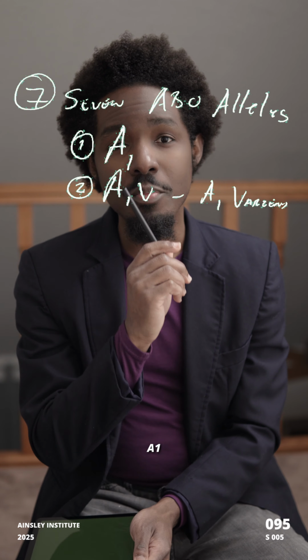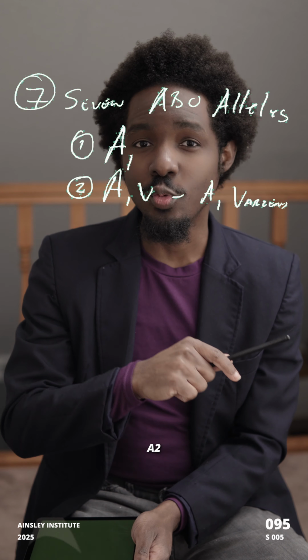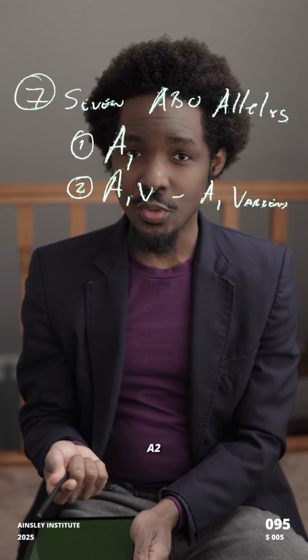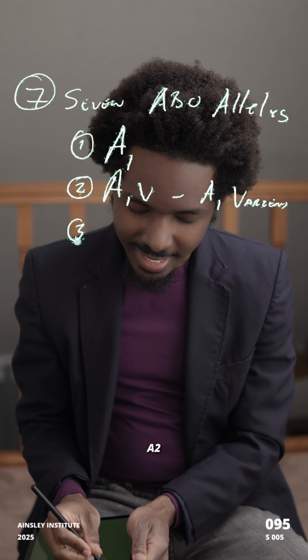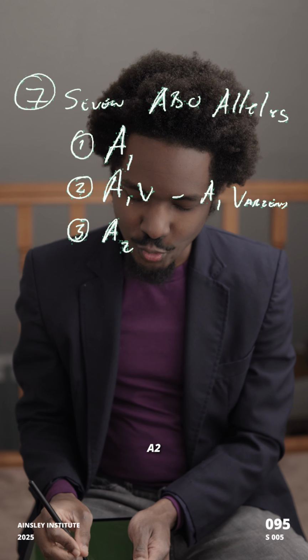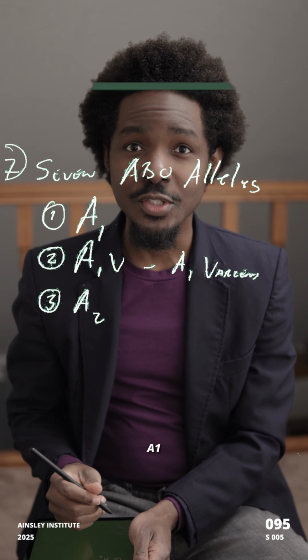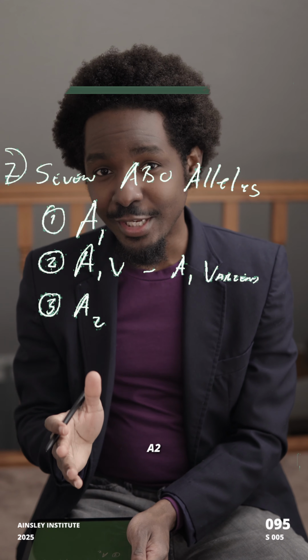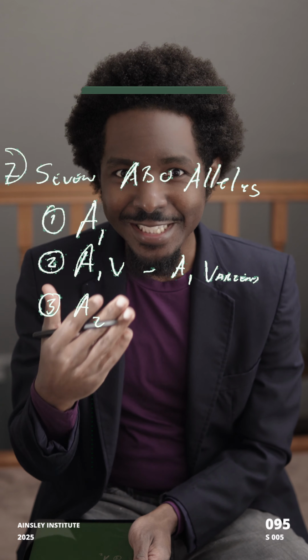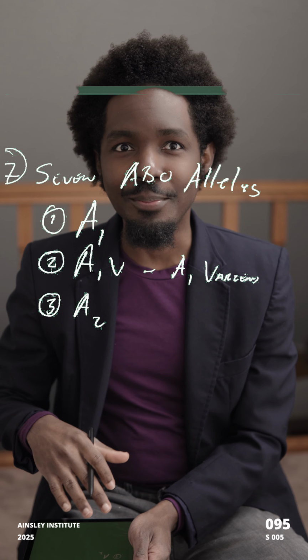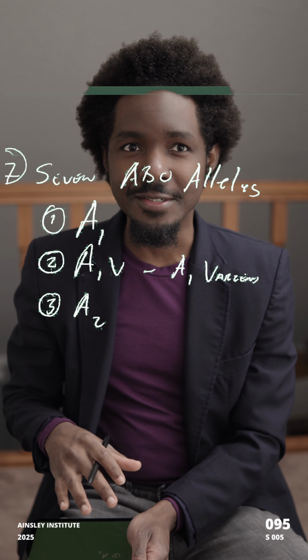All right, and remember we said we have A1 and we have A2. So in your mind, I want you to think about having an A2. So you have A1, A2. So you're saying to yourself, is there an A3? Actually, there is an A3, but it's not a part of these 7 alleles.